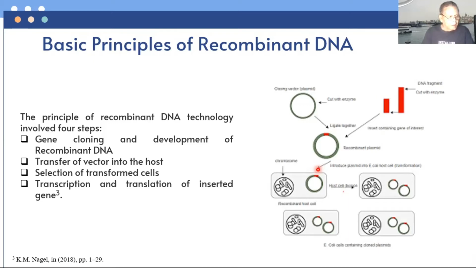And the last is transcription and translation of the inserted gene. If required, a recombinant DNA construct can be prepared to ensure that the protein product that is encoded by the cloned DNA sequence is produced by the host cell.